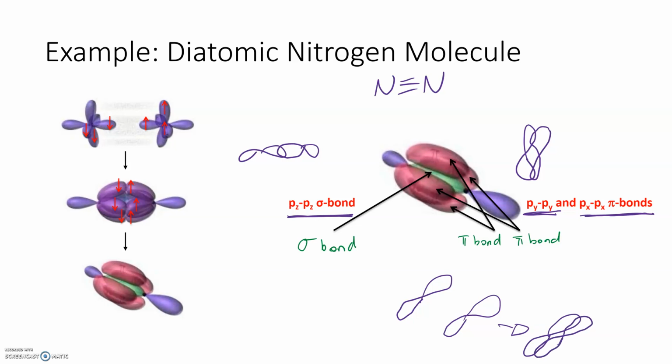And therefore it also creates a pi bond on either side of the bond axis. So now we get three different bonding orbitals that look like this, where we have a sigma bond in the middle and two pi bonds encircling the sigma bond on all sides of the bond axis.